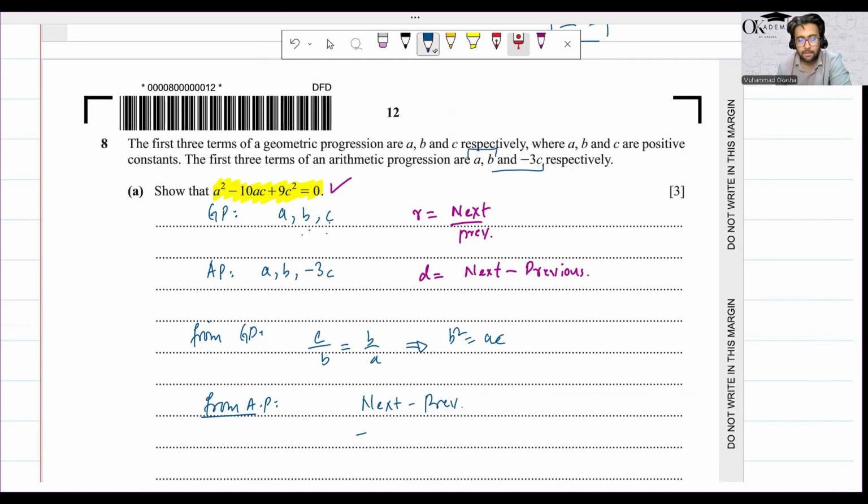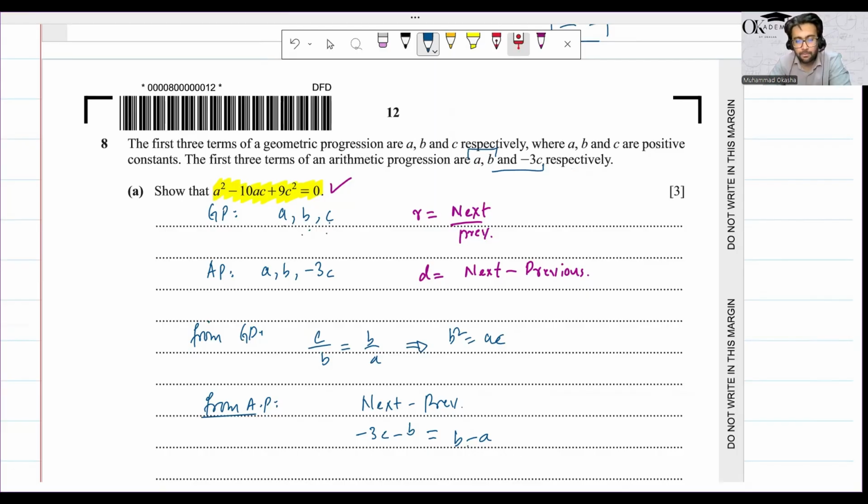All right. So negative 3c minus b equals b minus a. So that's what we'll do over here.